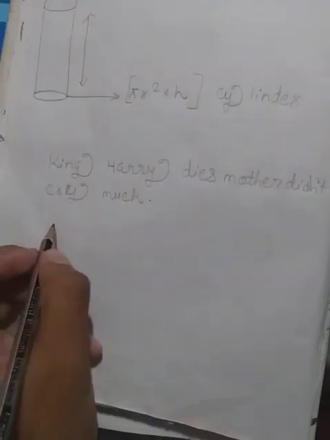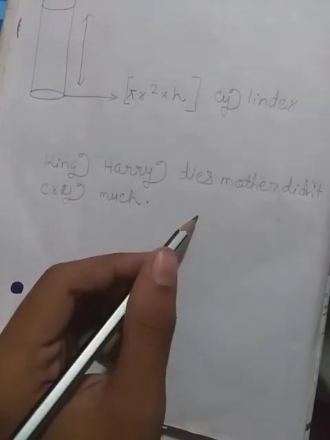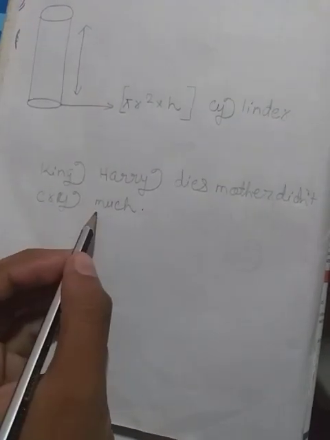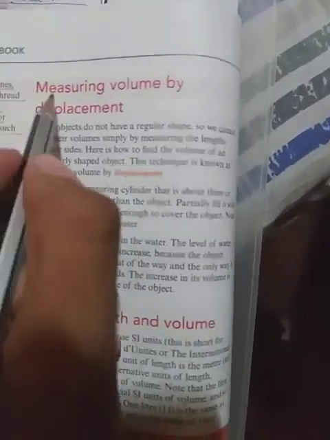So K for kilometer, H for hectometer, D for decameter, M for meter, decimeter, centimeter, and millimeter. Remember this. So again, let's proceed to the book.